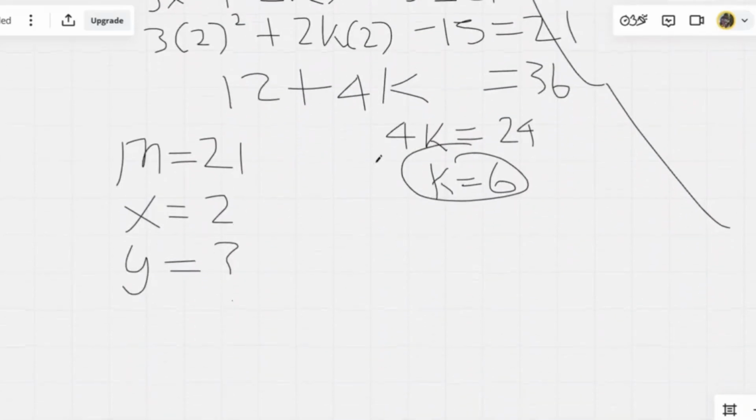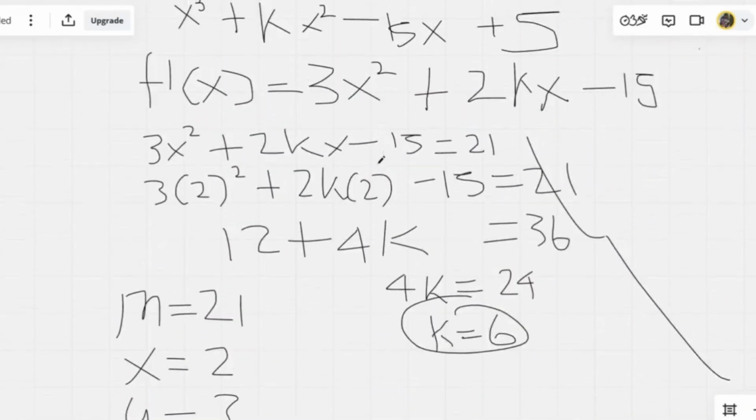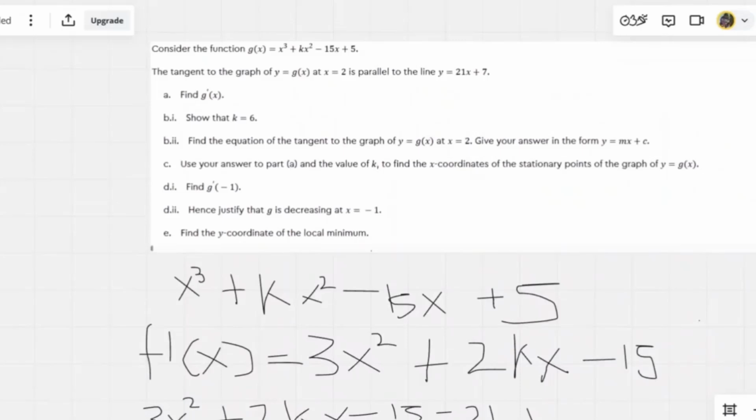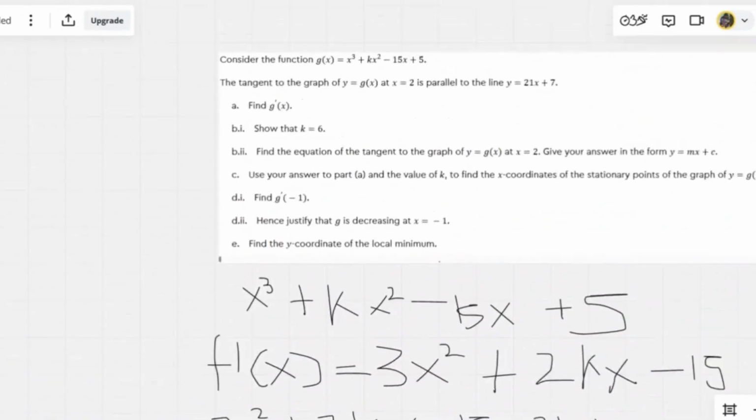To do this, we substitute x equals 2 back into g of x.